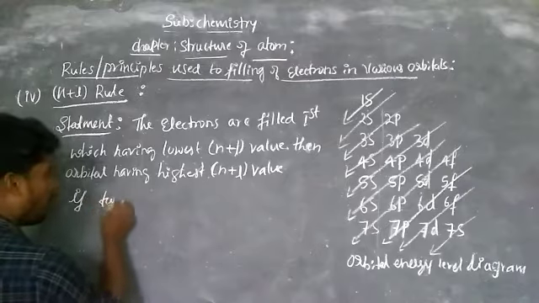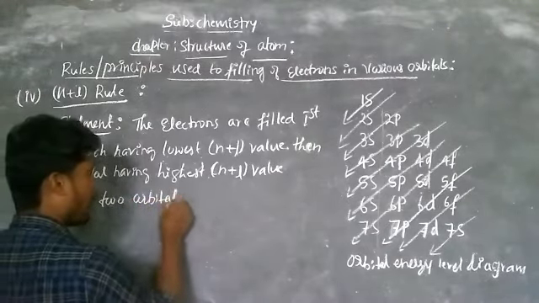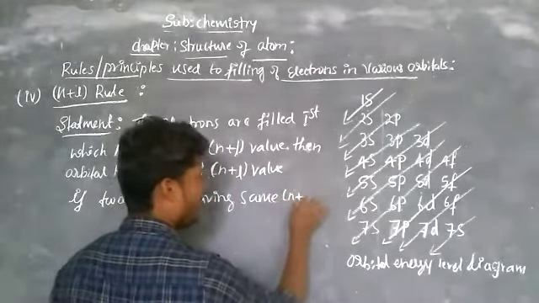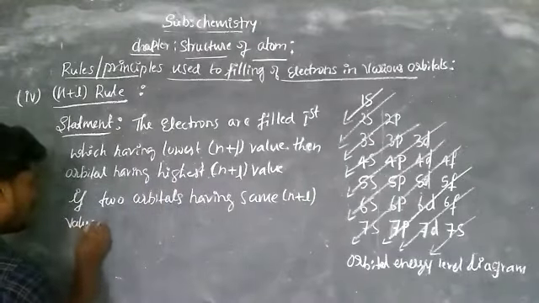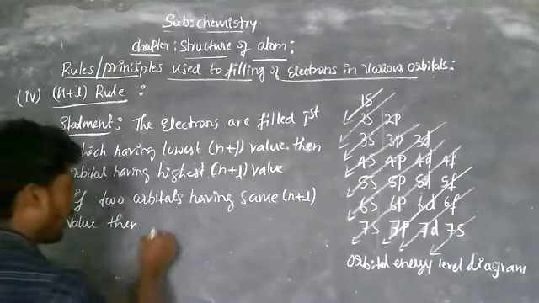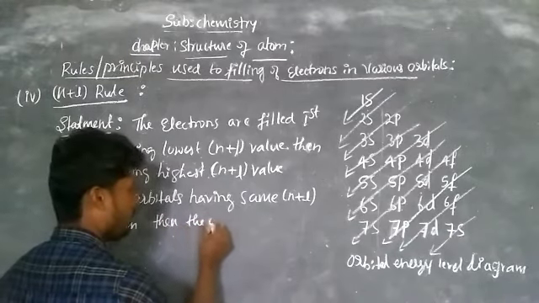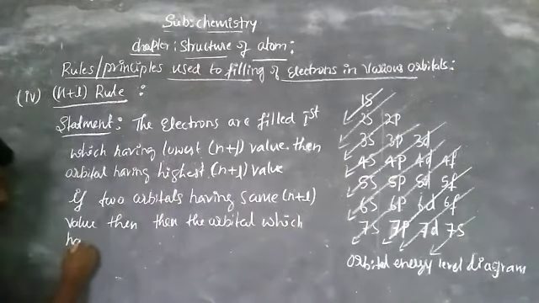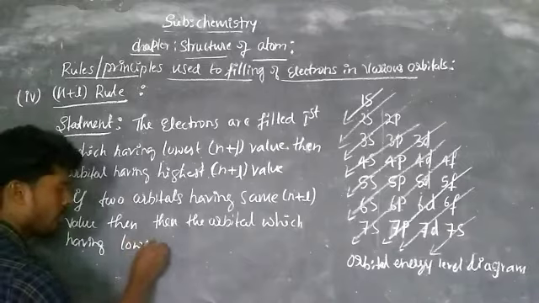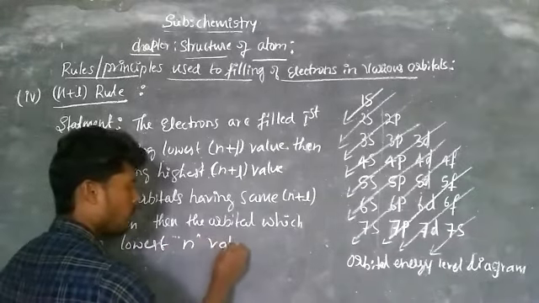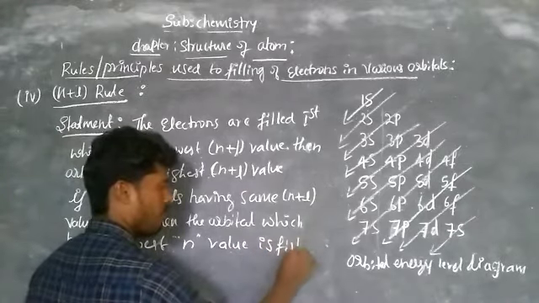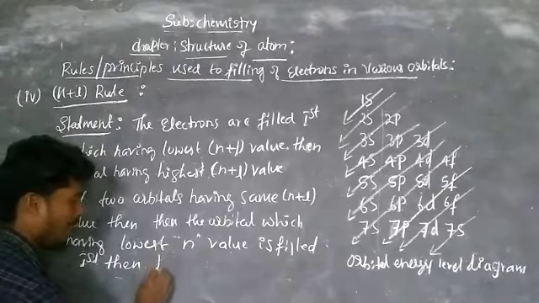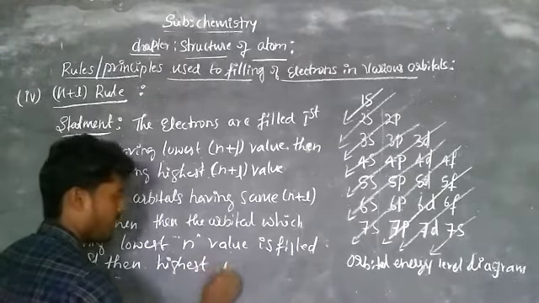If two orbitals have the same n plus l value, then the orbital which has the lowest n value is filled first, then the orbital having the highest n value.